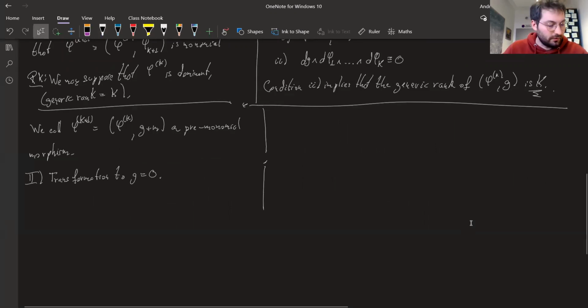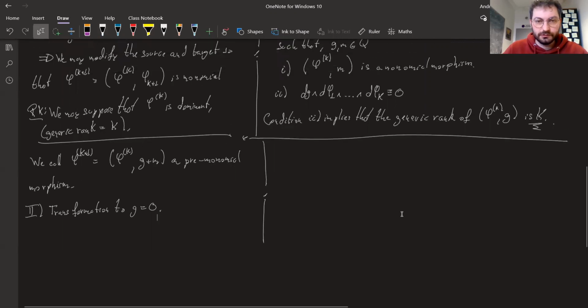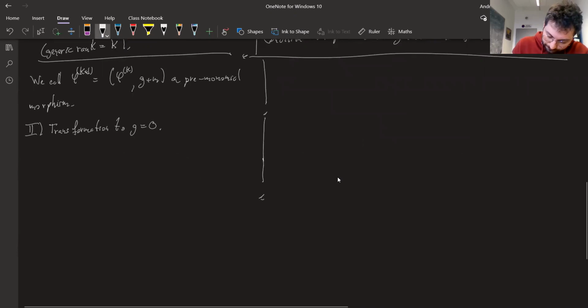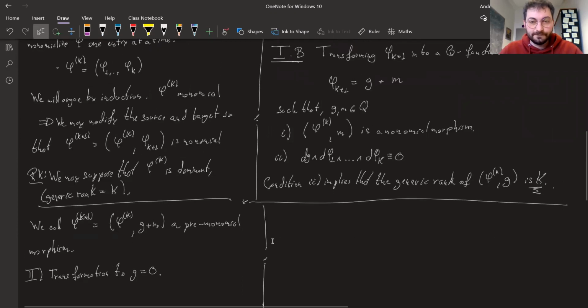Okay, so a couple of comments about this in a more serious tone. So in order to also address what was just asked, if we are able to do all of this, then we're good, because if we were able to transform into G equals 0, then we're going to obtain that the morphism phi k plus 1 is a monomial morphism, because the last entry is just going to be equal to this M, and we know that phi k, M is monomial.